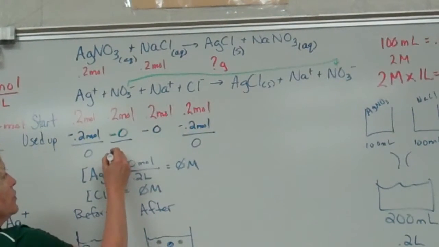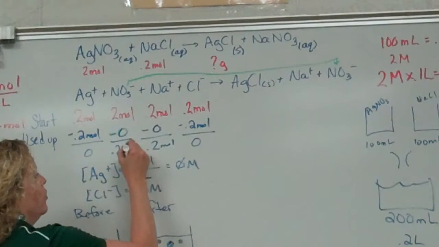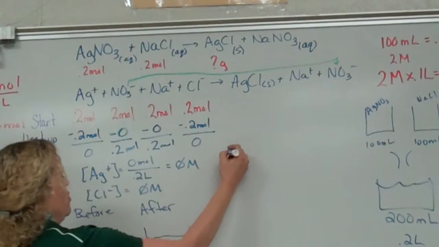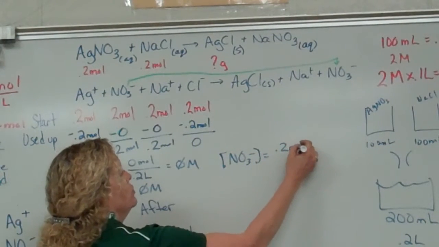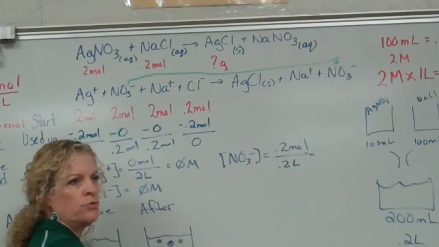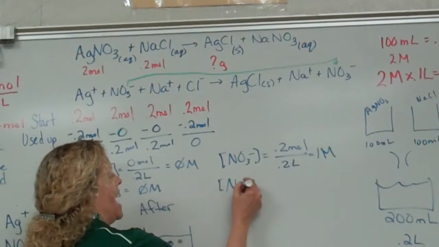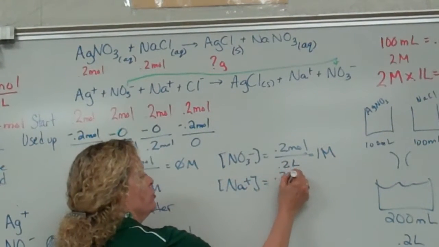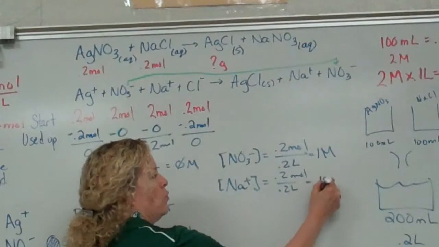So what's left? 0.2, and those are moles. So the nitrate concentration is 0.2 moles over 0.2 liters. What's that equal to? 1. And the sodium is exactly the same. 0.2 moles over 0.2 liters is 1 molar.